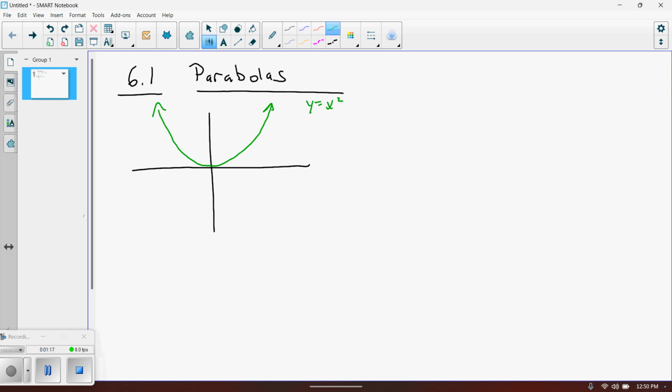So parabolas have multiple parts to them. They have the actual graph part, which is what you see there. But then there's also this point, someplace inside what I would call the concavity of the parabola, which is called the focus.